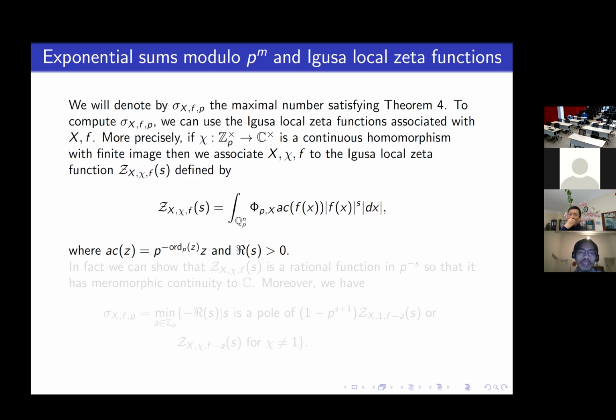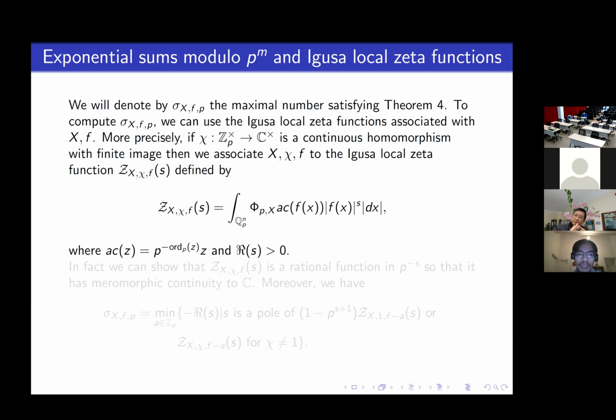More precisely, if chi from Z_p star to C star is a continuous homomorphism with finite image, then we associate to chi and f the Igusa zeta function Z_{X,chi,f}(s), defined by an integral over Q_p to the n of phi_{p,X}(x) chi(ac f(x)) |f(x)|^s dx.